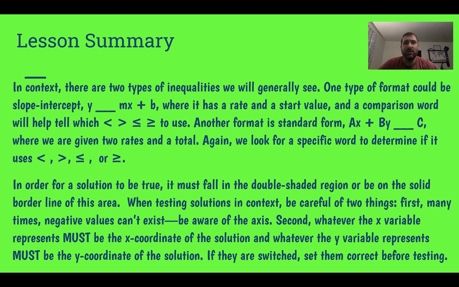If they're switched as choices, do the logical thing and switch them back so they stay in the correct order. If not, and we start mixing things up, we're going to get combinations that we think work that shouldn't, and that we think don't work that should. So be real careful about keeping things consistent throughout the problem.